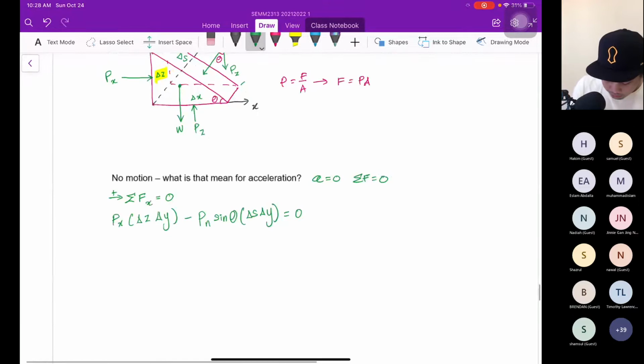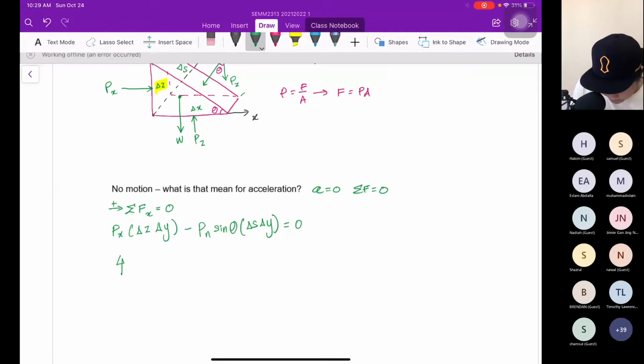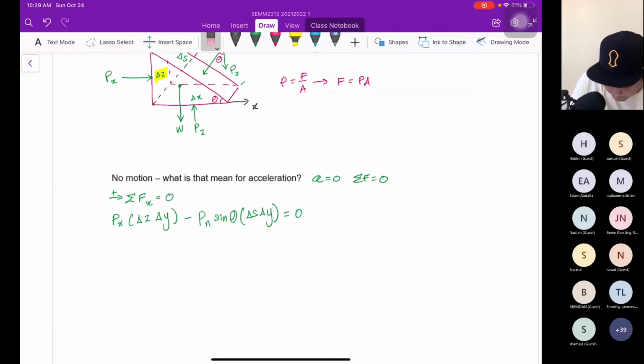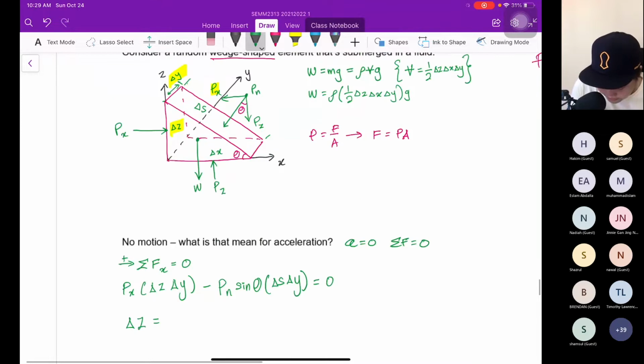Now, in order to get delta z here, definitely the slanting must be multiplied by sine or cos.